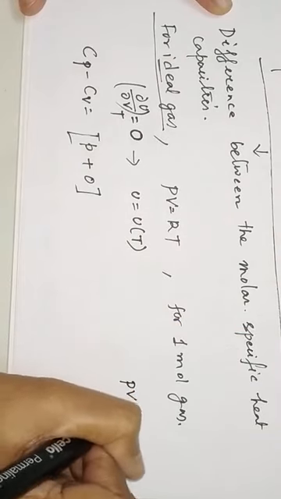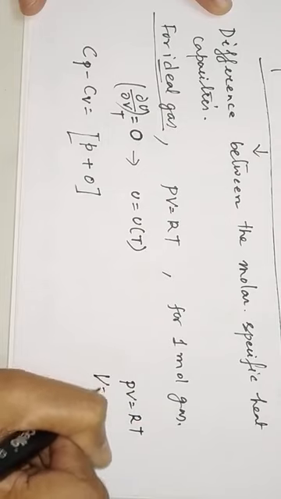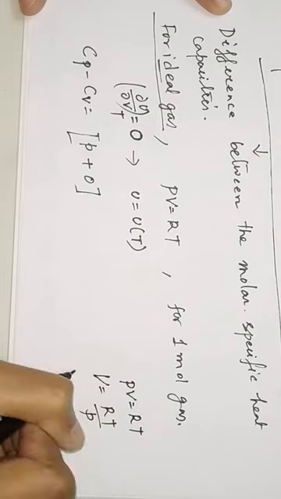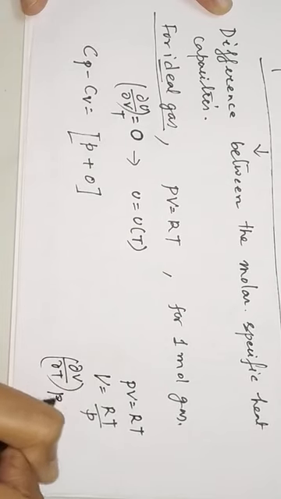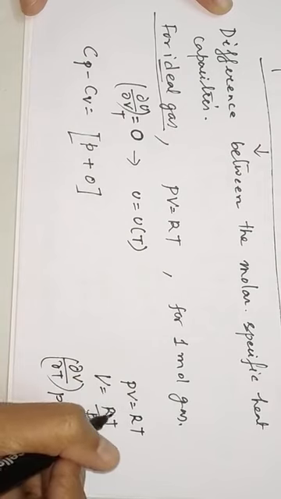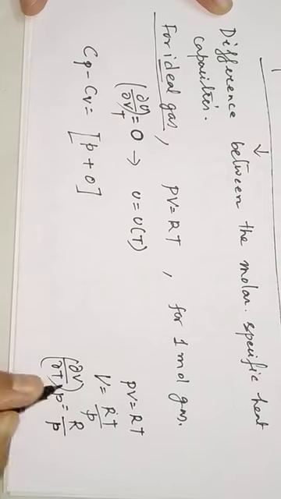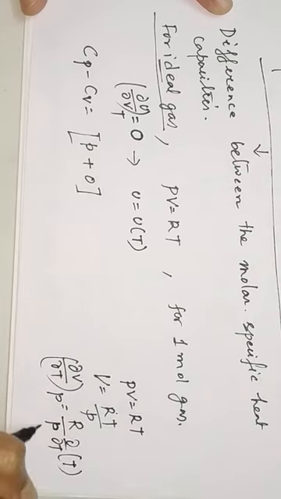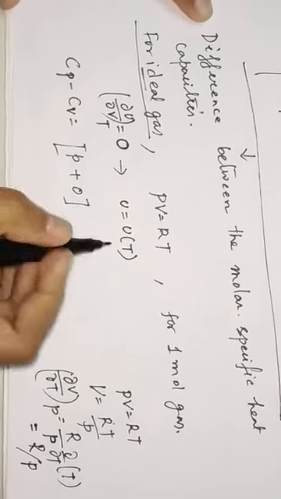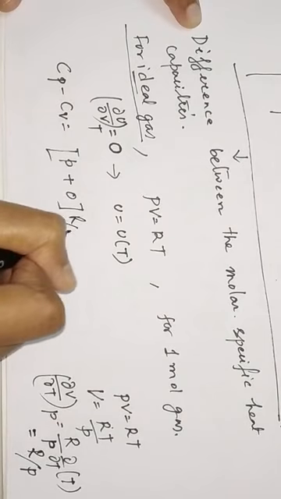We have PV equals RT, so V equals RT/P. As P and R are constant, R/P is constant and then we have del T/del T which is 1. So it is basically R/P.